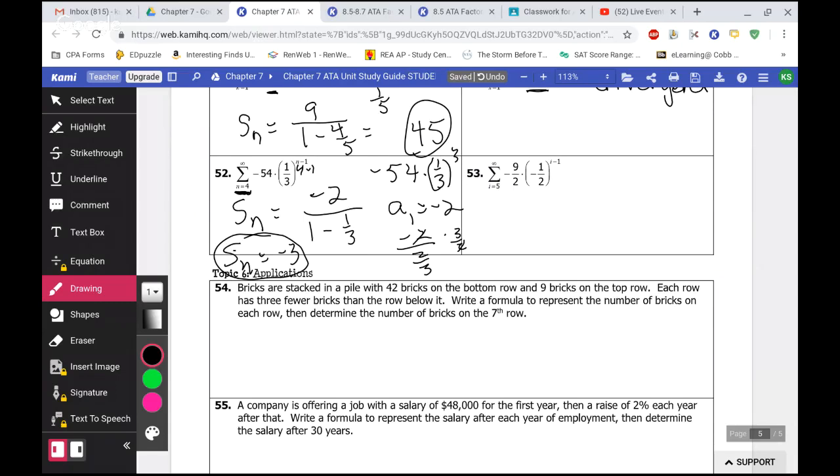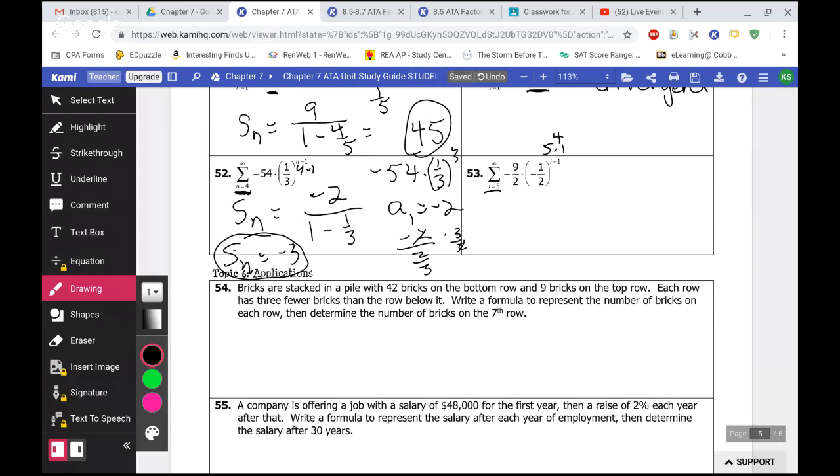Yeah, absolutely. Let's just do the next one just to have some extra practice now that we kind of know exactly what we're doing. So they want us to start at the value of the fifth term. So 5 minus 1 is 4.